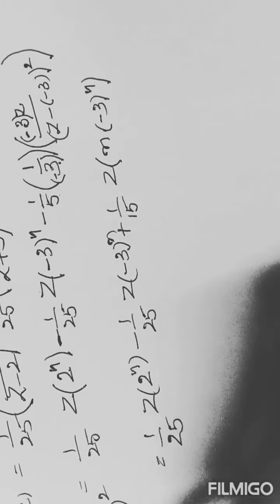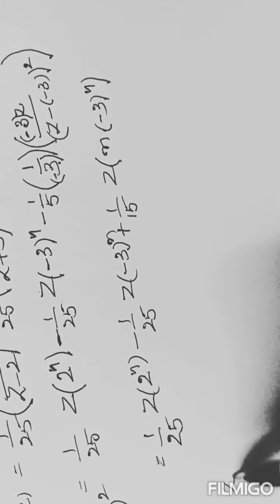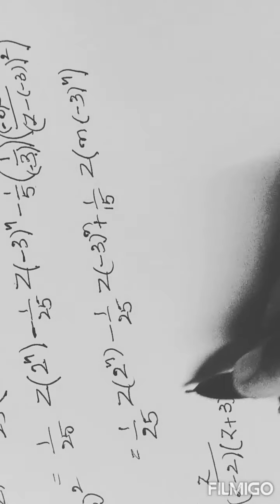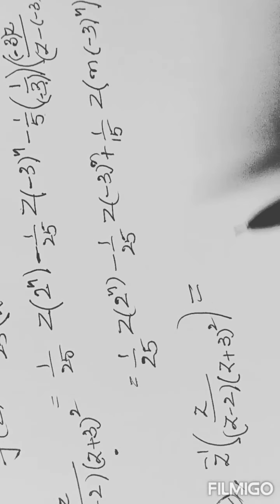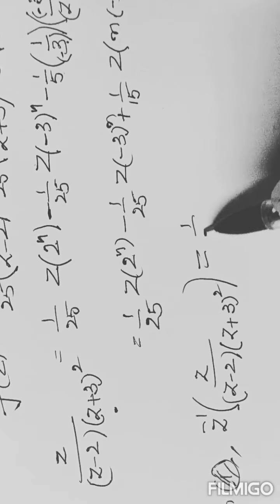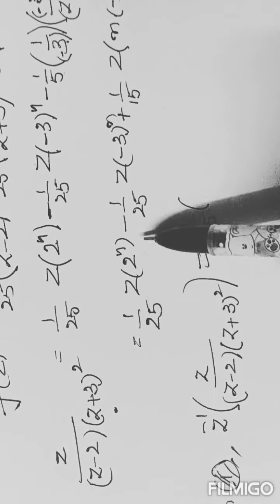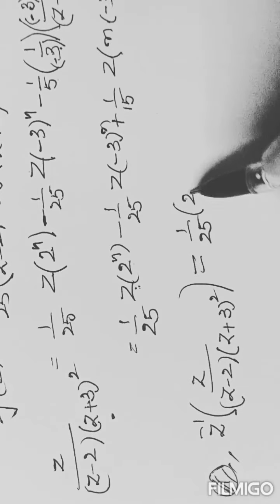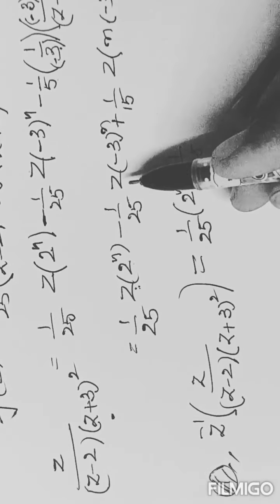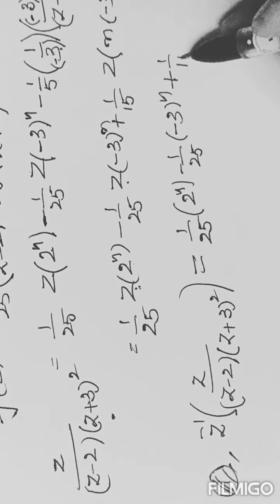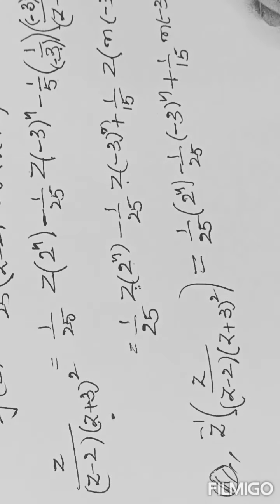Z inverse of z by (z minus 2)(z plus 3) whole square equals, applying Z inverse on both sides, 1 by 25 times the Z inverse of z by z minus 2, which is 2 power n, minus 1 by 25 times the Z inverse of z by z plus 3, which is minus 3 power n, and similarly plus 1 by 15 n into (minus 3) whole power n.